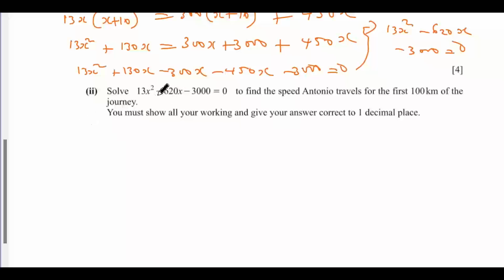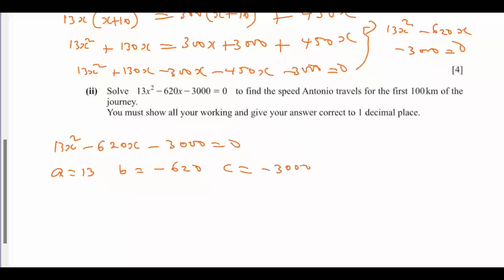Okay, so if you compare 13x squared minus 620x minus 3000 equals to 0 with the general equation of quadratic equation, you see that a is equals to 13, b is equals to negative 620, and c is equals to negative 3000.